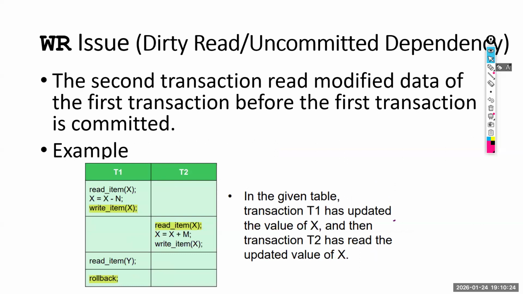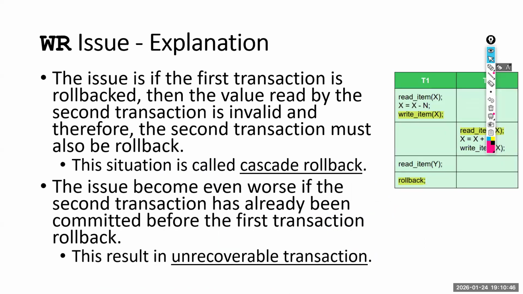So those are possible issues. Write-read is another one. After something is written, you read it. And then what happens if this rolls back? So what if the second transaction's read is wrong? Okay. Because this has been rolled back later. Right? There's no guarantee that a transaction always commits.